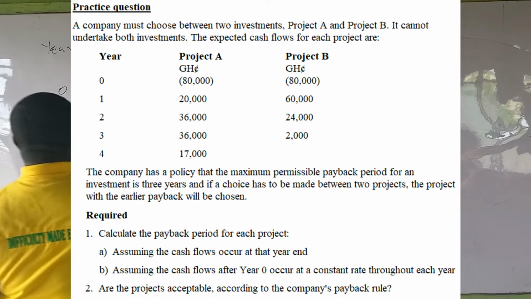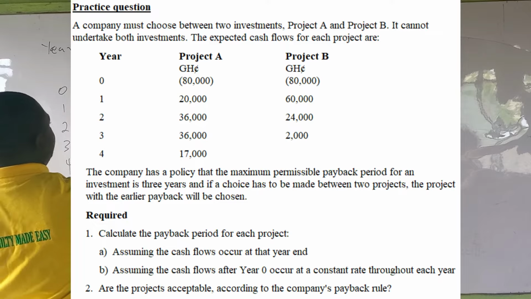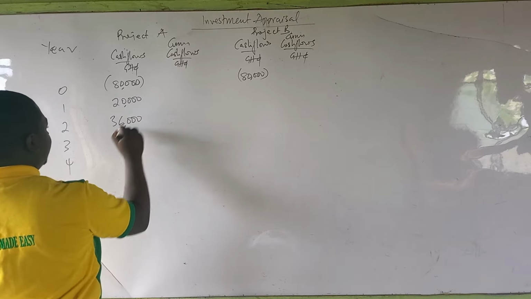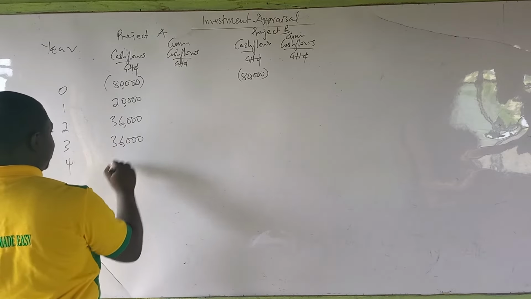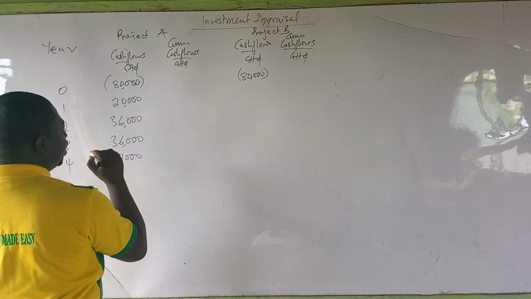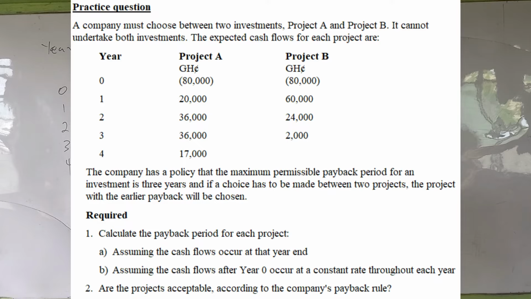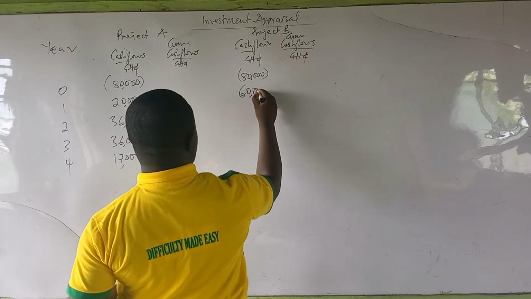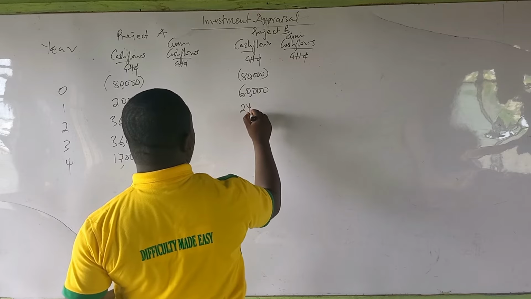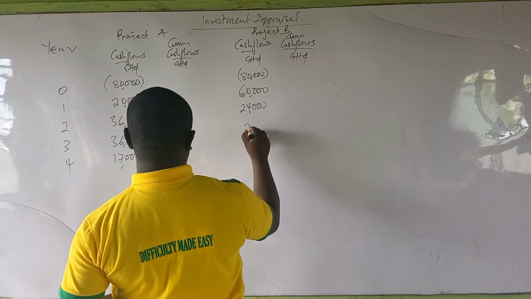Project A: year 1 is 20,000, year 2 is 36,000, year 3 is 36,000, and year 4 is 17,000. These are the cash flows for project A. And then for project B, year 1 is 60,000, year 2 is 24,000, and year 3 is 2,000.